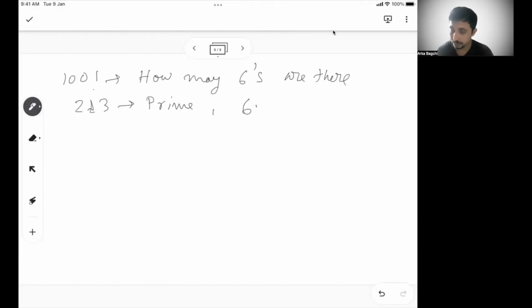You have to break 6 into prime numbers. So 6 is nothing but 2 into 3. Now you have to check how many 2's and how many 3's there are, because I need one 2 and one 3 to make a 6. So let's see how many 2's there are first.